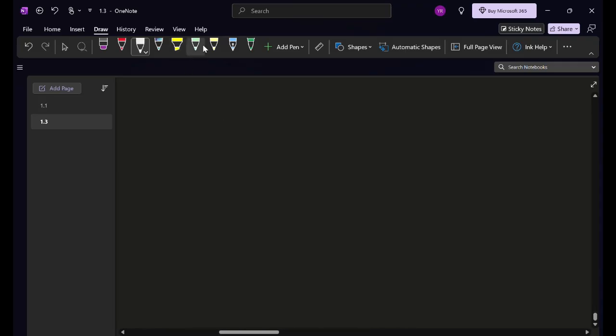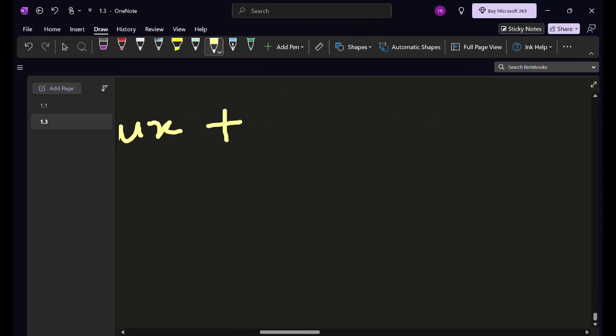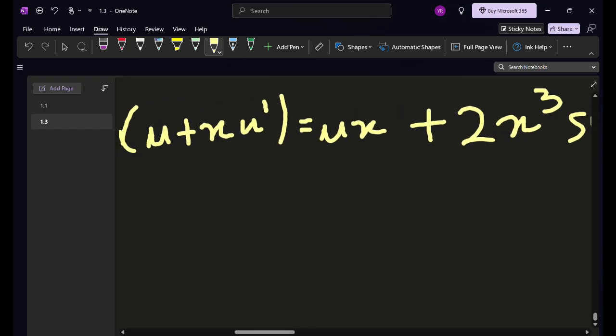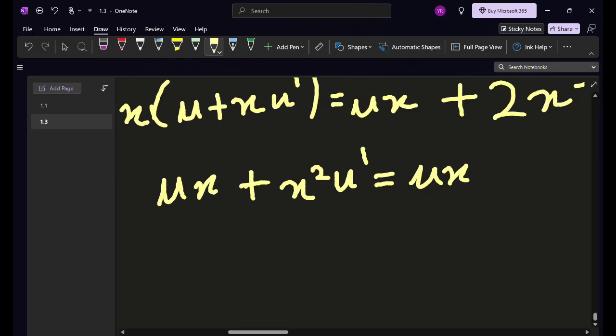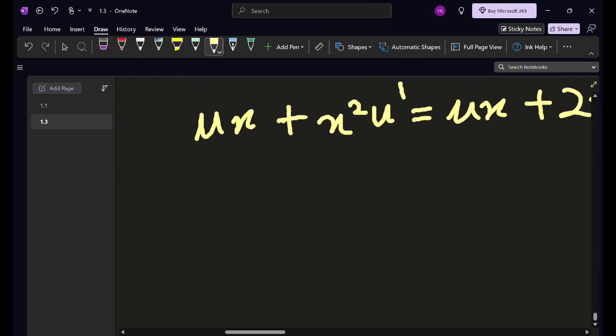Now we are gonna just substitute the values into the equation. So these are gonna be written as x bracket u plus x u dash is equal to ux plus 2x cube sine square u, and then from here we just multiply the x inside the bracket, so this is gonna be ux plus x square u dash is equal to ux plus 2x cube sine square u.